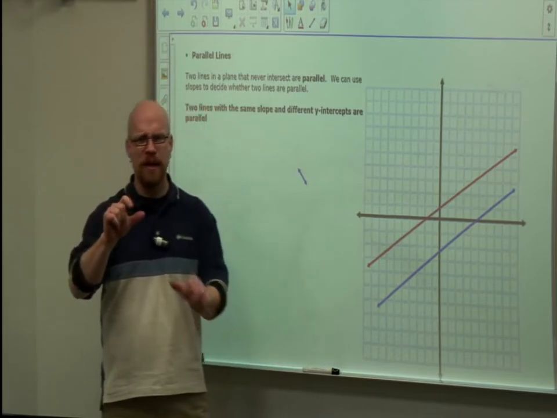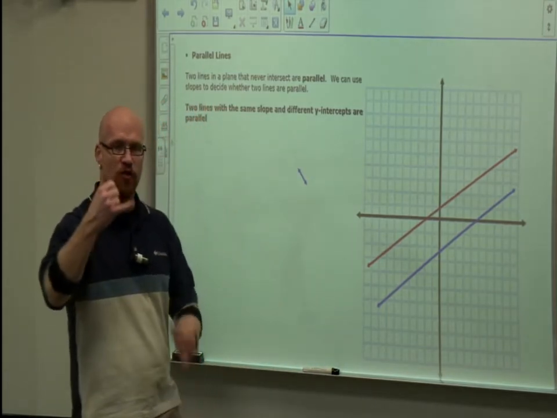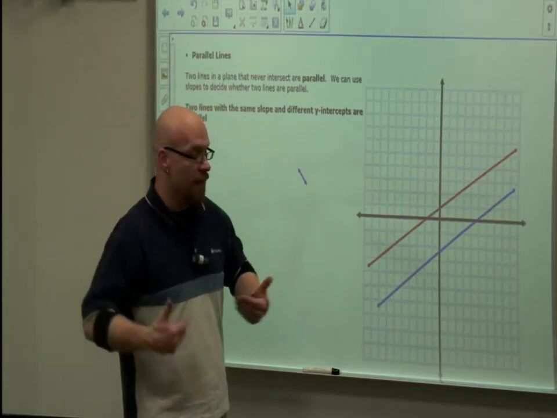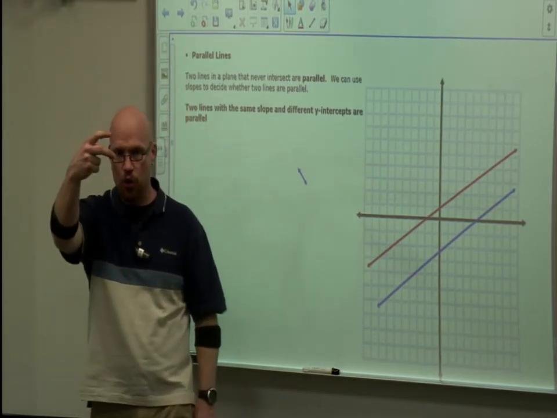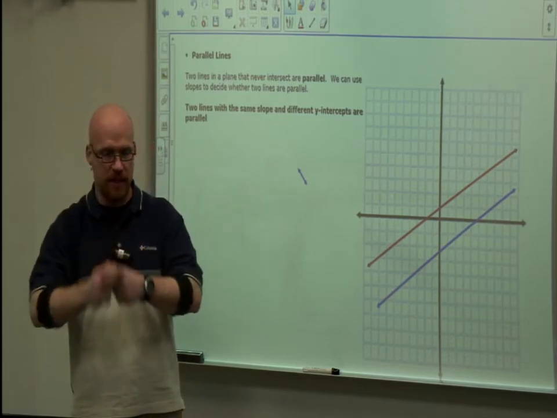There. Took me some time. But you see here, we have two lines. They have the same slope, because I drew it that way, and two y-intercepts.